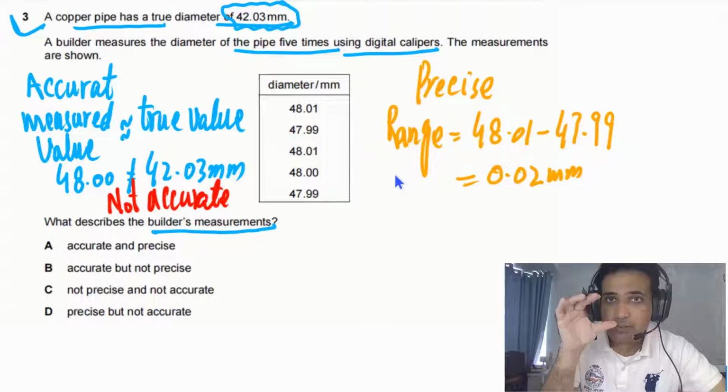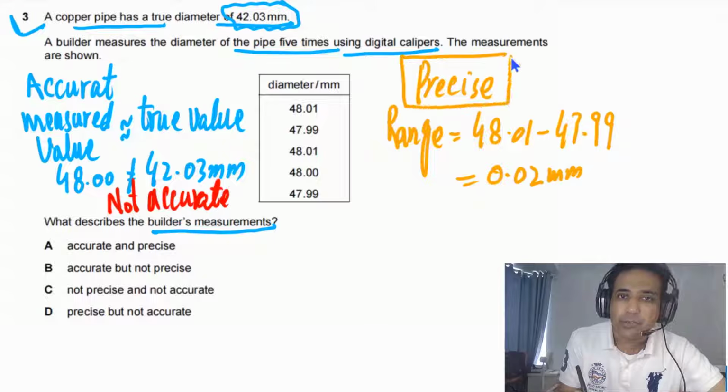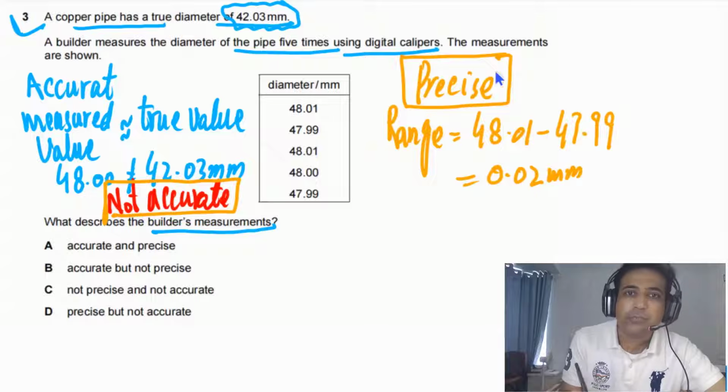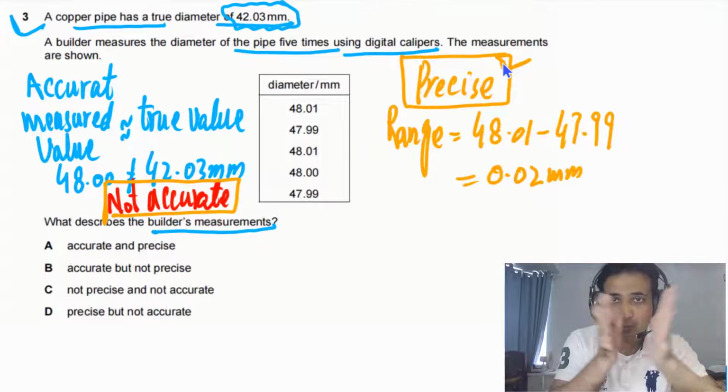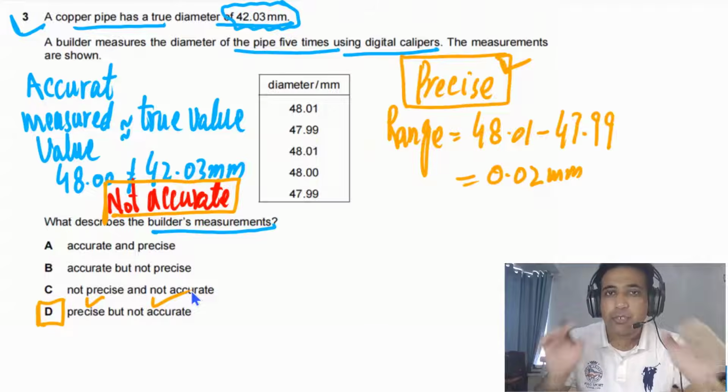So the range is very narrow, and you can also see these values are very close to each other. It means these values are precise. So these measurements are not accurate, but these measurements are precise because readings are close to each other. So the answer for this question is D, precise but not accurate.